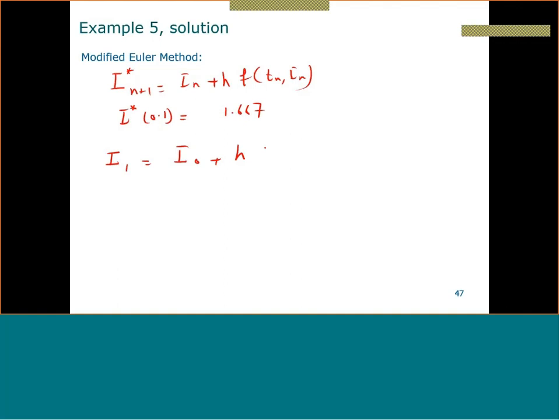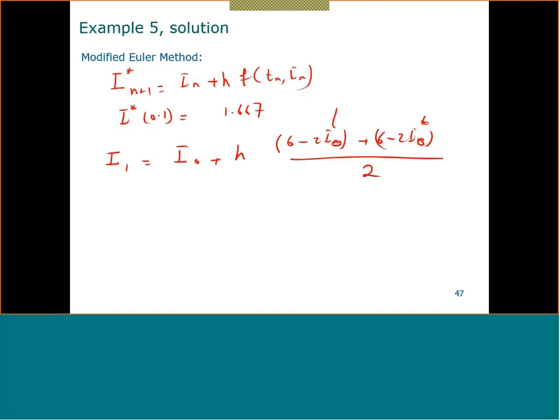times 6 minus 2 I of n plus 6 minus 2 I of n star, divided by 2. Now this becomes I0 and this is I0 actually. So we have two values: the I0, that is the value of the current which we just found, and the predictor value.